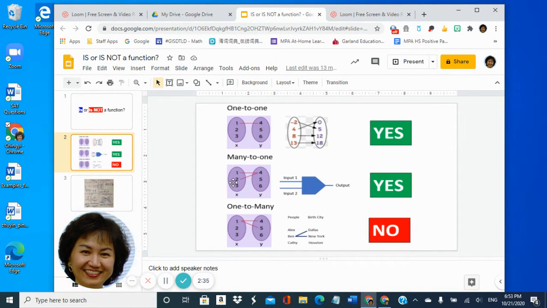But you send 2 into it, you also get 4 out. You have 2 different inputs, input 1 and input 2 both sent into this box, but just one output comes out. That is still a function.